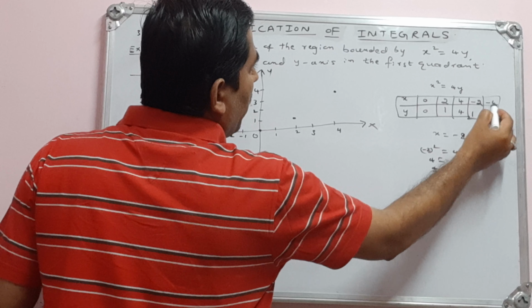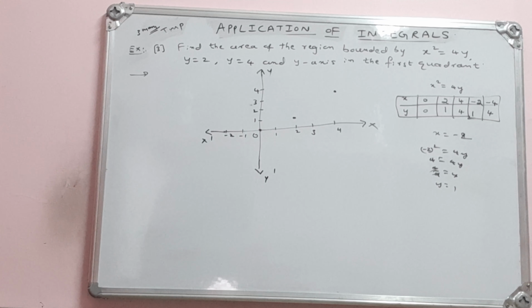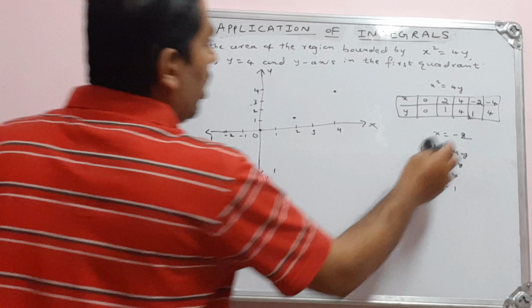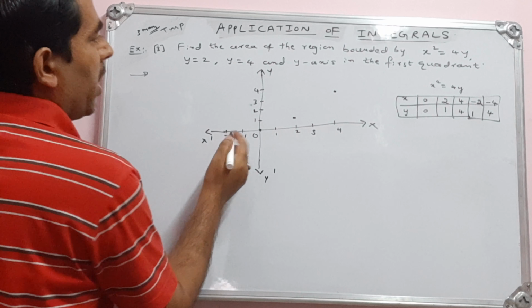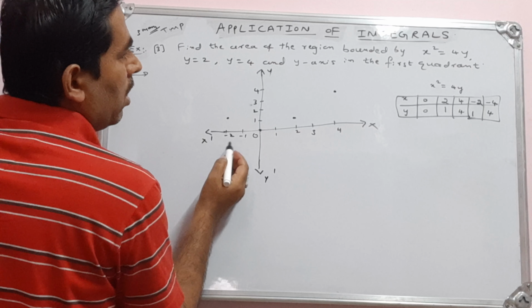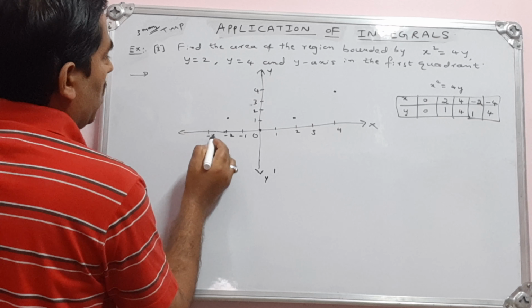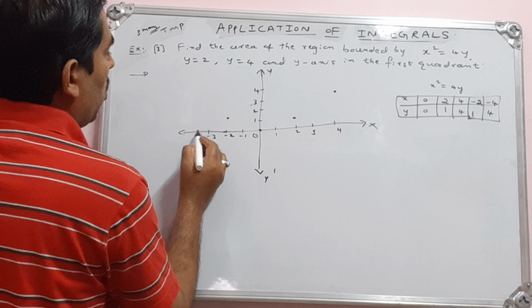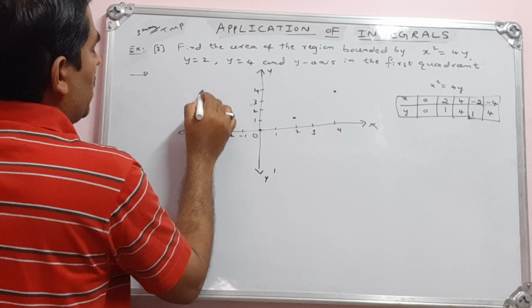Similarly, if I give a negative value, say minus 4, then the value of y will be 4 only. So even if I give negative values, I will get the values of y as positive. So I can mark minus 2, 1, which lies here. Then minus 4, 4, which lies here.